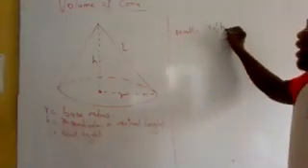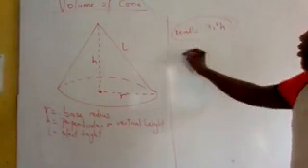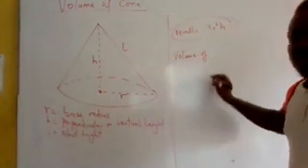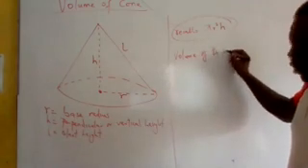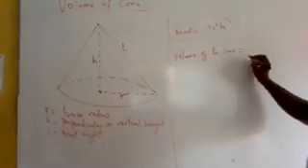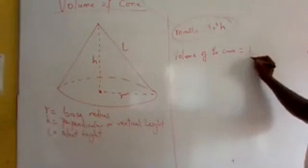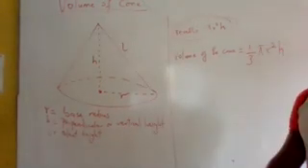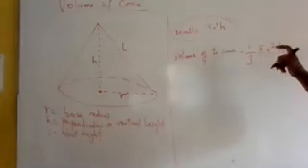Pi r square h. Now for your cone, the volume of the cone is equal to 1/3 pi r square h. That is the volume of a cone. 1/3 pi r square h.